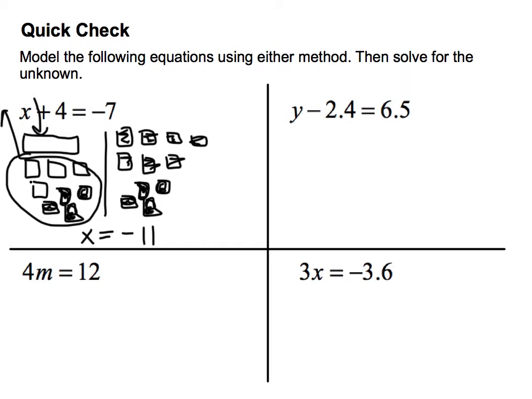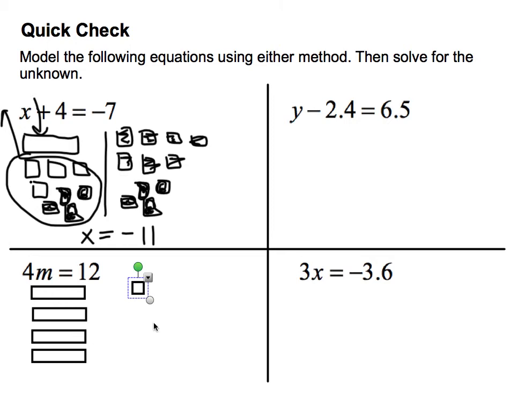Here on the bottom, I have 4 m's on the left-hand side. They're positive. Remember, I'm just going to keep my white positive, my black negative. Here I have all positive. 1, 2, 3, 4, 5, 6, 7, 8, 9, 10, 11, 12.